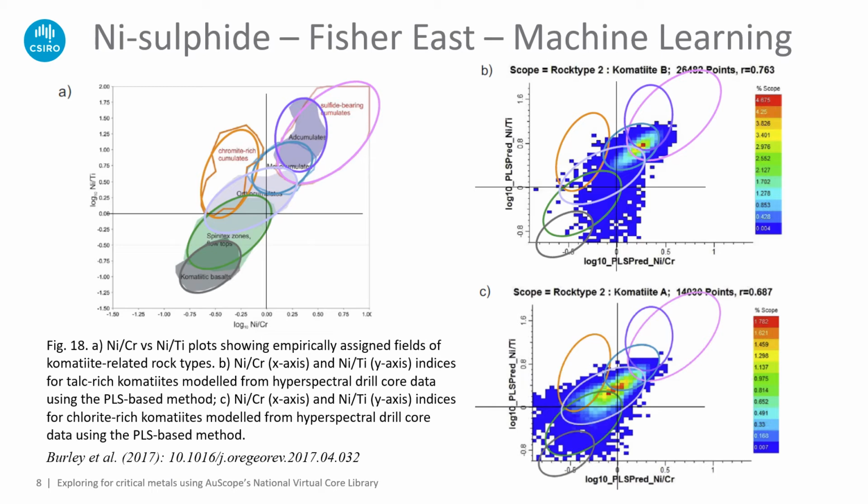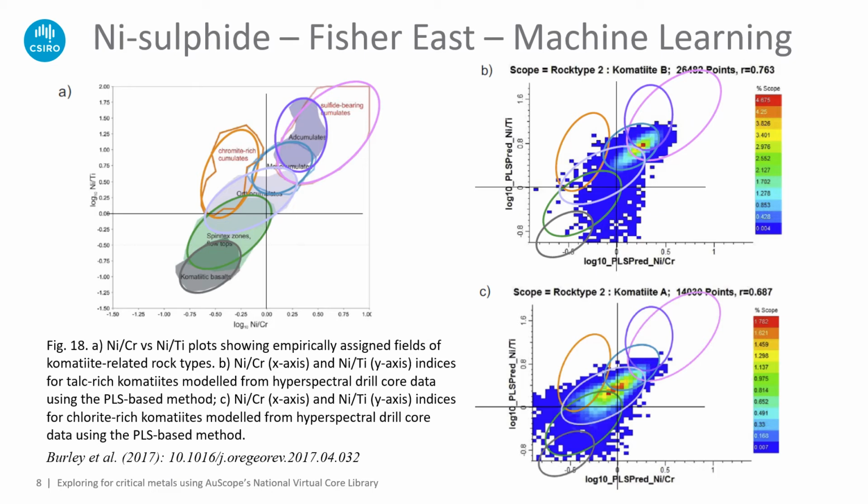has put together the diagram on the top left, which is based on the nickel-chromium and nickel-titanium ratios, which helps us to understand the chemical composition of different mafic and ultramafic rocks. And we trained the hyperspectral data collected with the HyLogger at the NVCL node in WA with the geochemistry, with those element ratios.